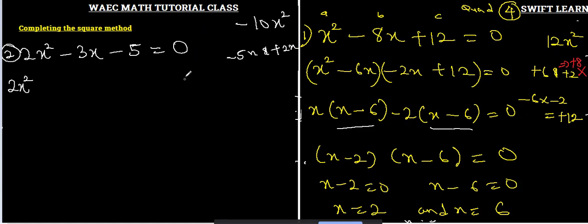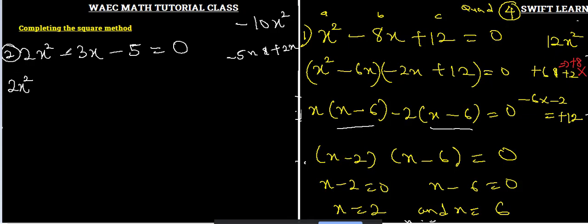Okay, so I'm back. We want to solve this with the factorization method. The two numbers, when you multiply 2x squared and minus 5, give you minus 10x squared. So minus 5x plus 2x is what we are using.